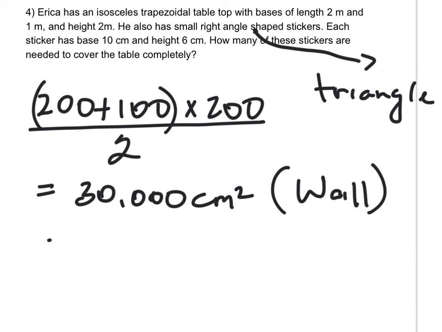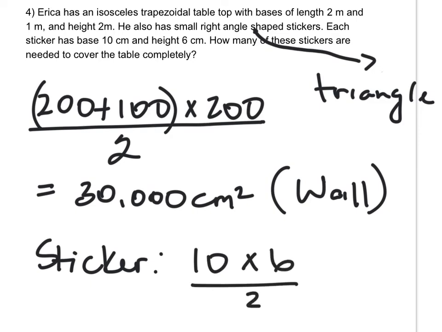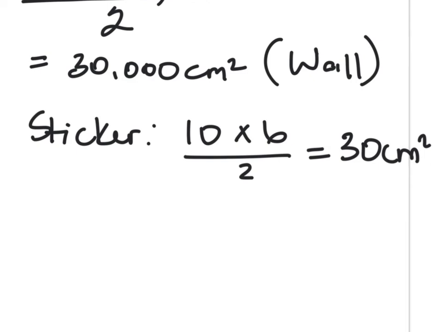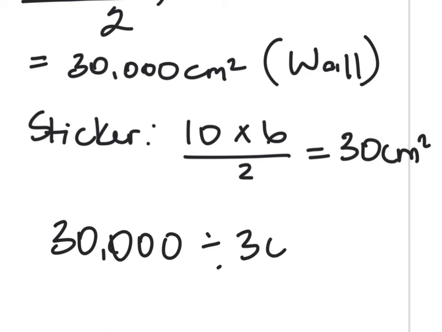Each sticker, it's a right triangle. It's base times height divided by 2, which is 30 centimeters squared. Okay, and then to get your answer, you're going to do 30,000 divided by 30, which is 1000. So you're going to need 1000 stickers to cover the tabletop.